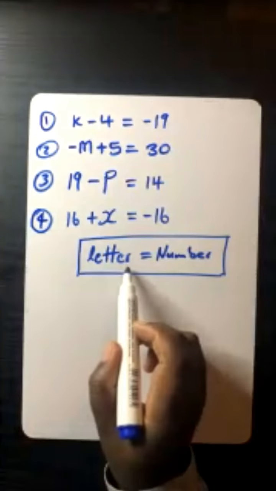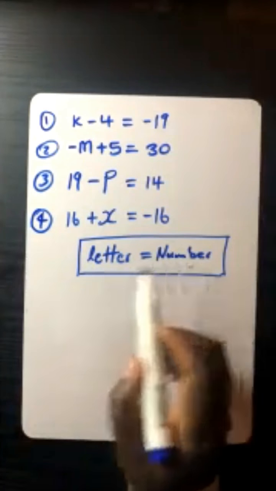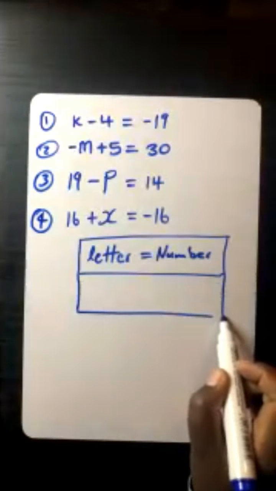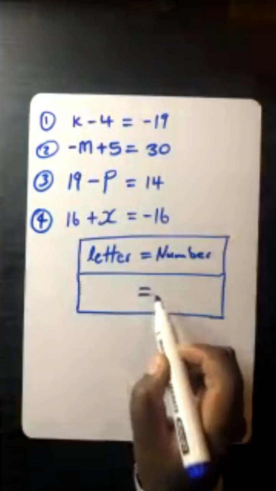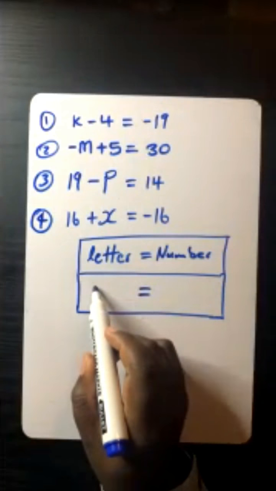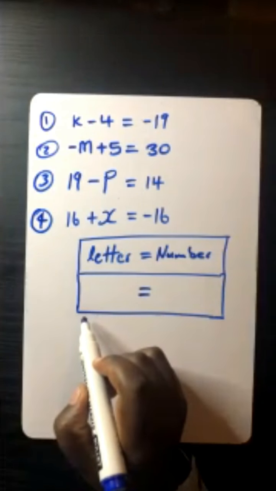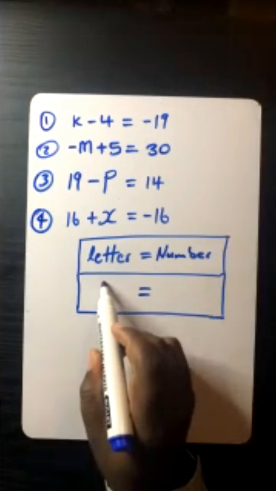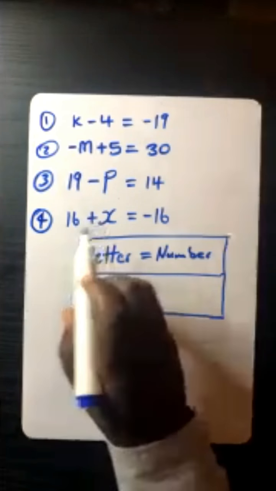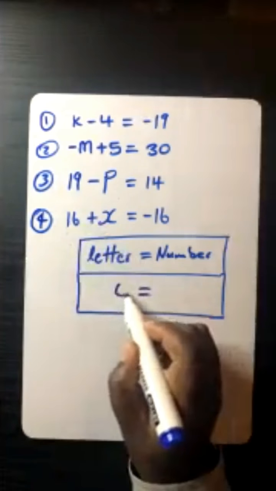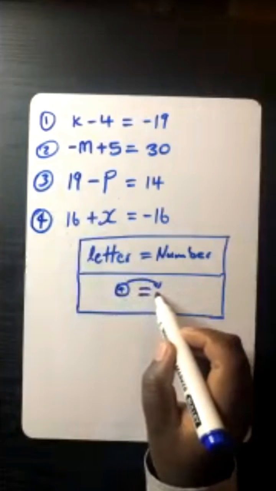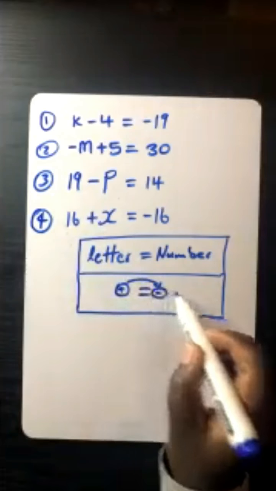Okay, so Shreyas, I think as part of your notes, let's do this. Write letters is equal to numbers. Then, secondly, let's say, if you've got a positive number and you transpose, it becomes a negative number.